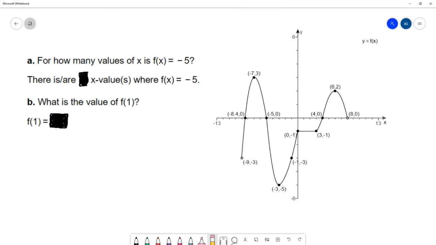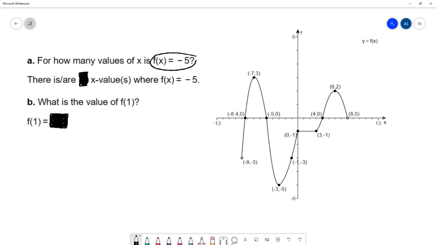In this example, we're going to use this function on the right to answer the questions: for how many values of x is f of x equal to -5, and also what is the value of f of 1. So let's start with that first one.